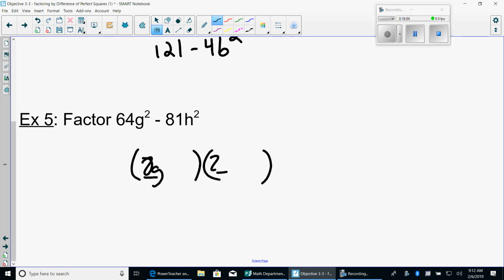8g and 8g, and then 9h, plus 9h and minus 9h. Okay, what's one of the factors? 8g plus 9h. What's the other factor? 8g minus 9h. And then you're going to check it. 64g squared.